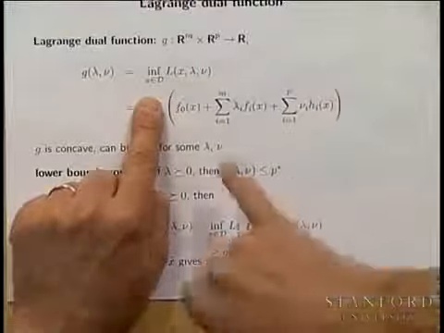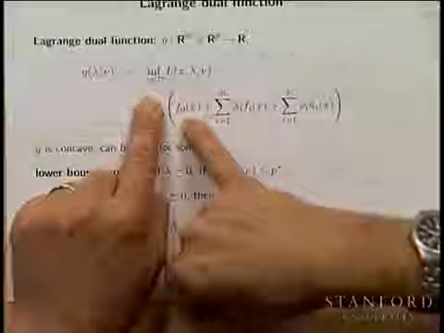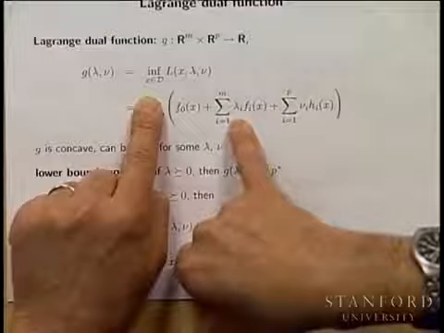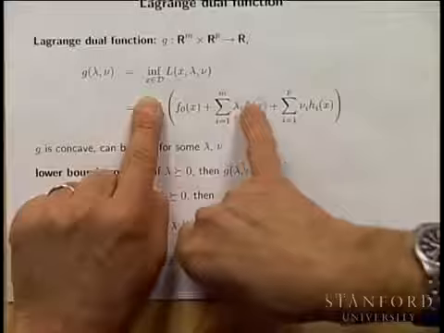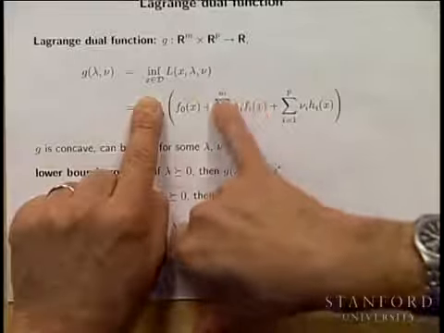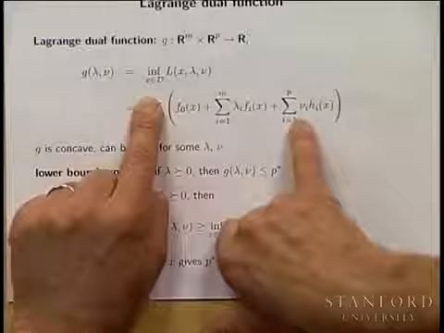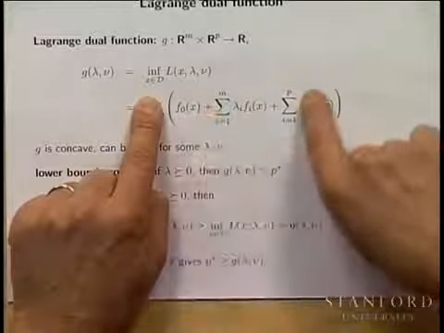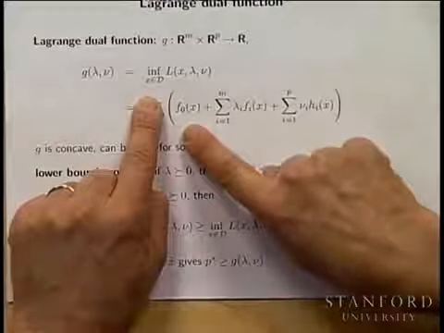For any feasible x, fi of x is less than or equal to 0. But if lambda i is bigger than or equal to 0, this term is less than or equal to 0. Therefore, this whole thing is less than or equal to 0. If you're feasible, hi of x is 0, and so it doesn't even matter what the sign of nu i is. This is 0. And therefore, it says that the Lagrangian is less than f0 of x for any feasible x.